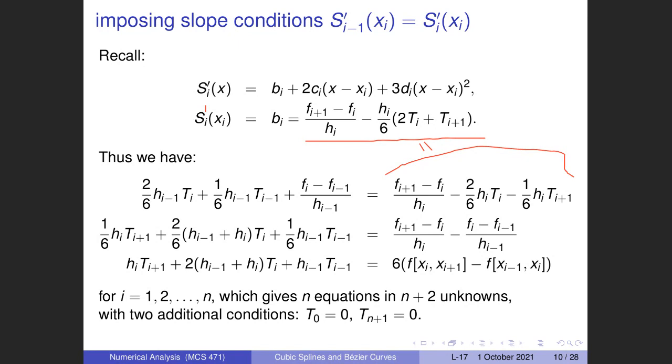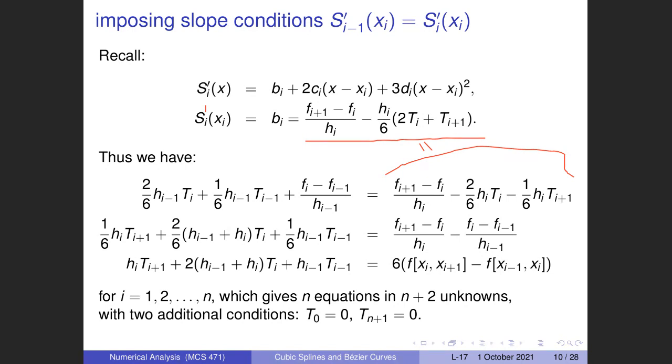At the left, we have now a three-term relation. So we have n equations in n plus 2 unknowns. Notice that the entire problem was a 3n-dimensional problem. We have reduced the dimension dramatically.